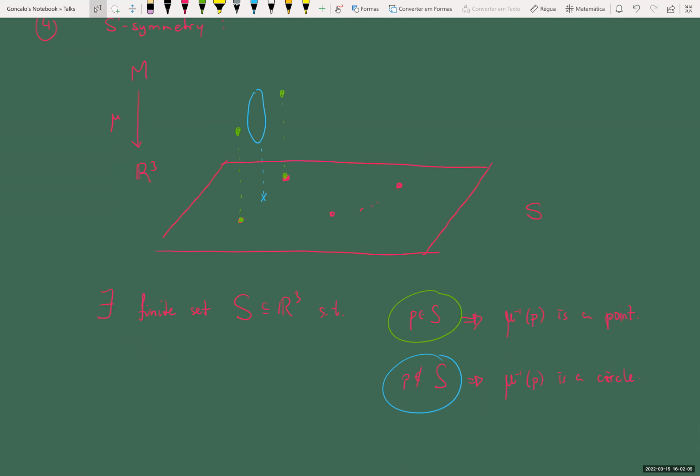Now the question is, what is a circle invariant surface? That's the preimage of a curve gamma in R3. So L inside M is S1 invariant if and only if L is the preimage of a curve.